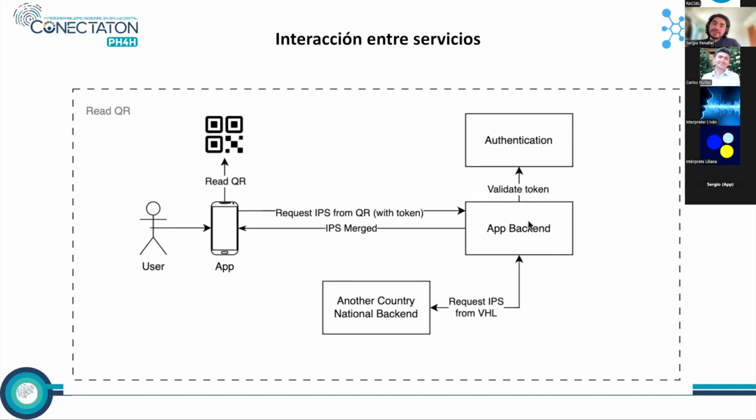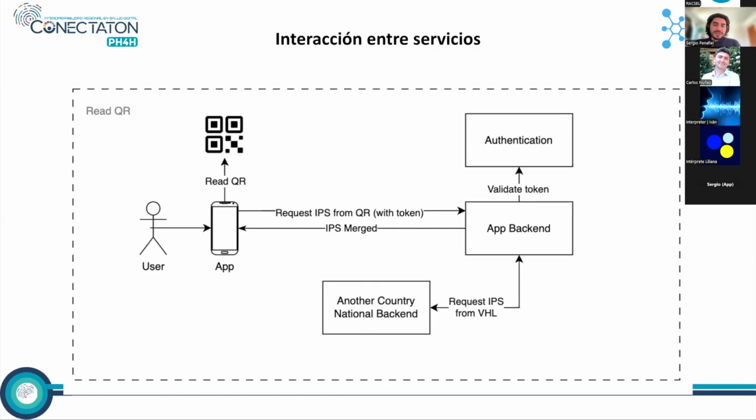Among them, it'll first validate that the user is who they say they are, and that the QR code that is being read also matches that person. And then with the QR content, which is a VHL, they will interact with the other country's node where this new QR code was created in order to verify the VHL content, the signature and the manifest.